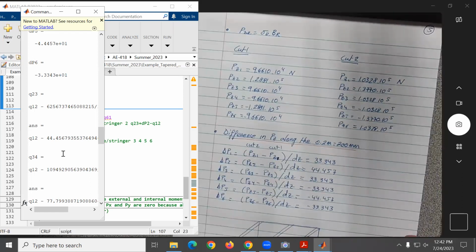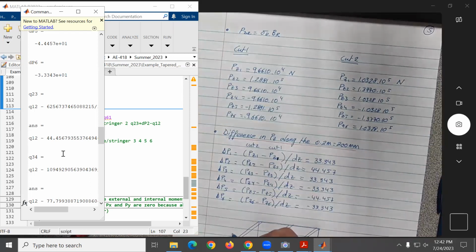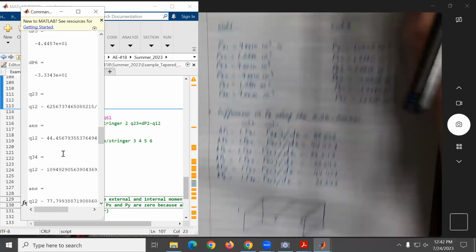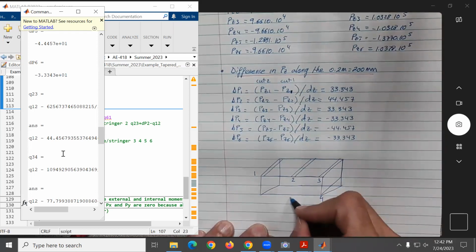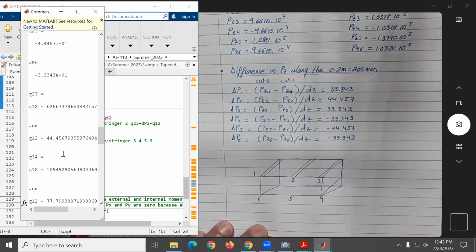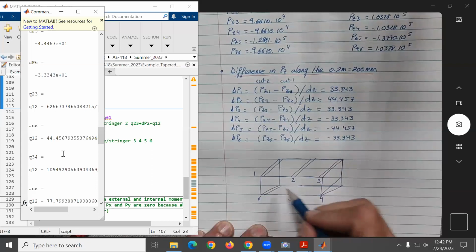Okay. The only thing I was trying to say over here is that if we look at this, if this is 1, 2, 3, 4, 5, 6. Okay. I don't want to talk too much on this figure here.